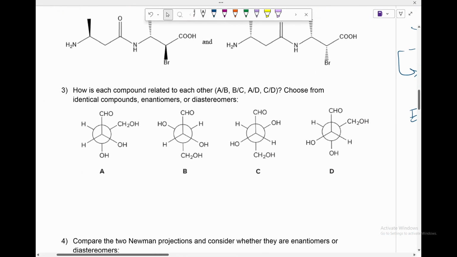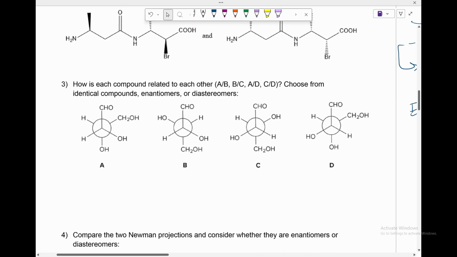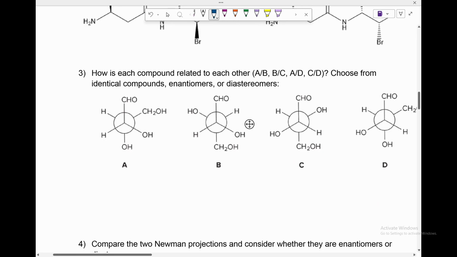Anyways, let's look at number 3. We're back to Newman projections. How fun. For Newman projections, I like to approach it this way. Let's compare A and B. Let's look at the front carbons. The front carbons look exactly the same, but the back carbons don't. Can we rotate the back carbons so that they look the same?